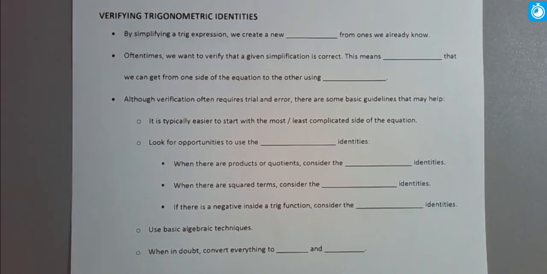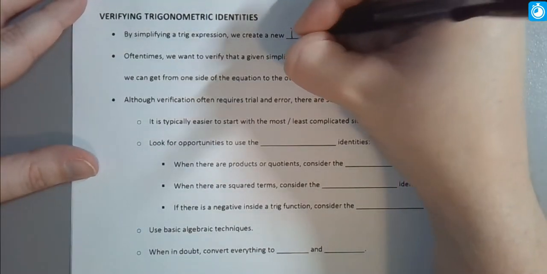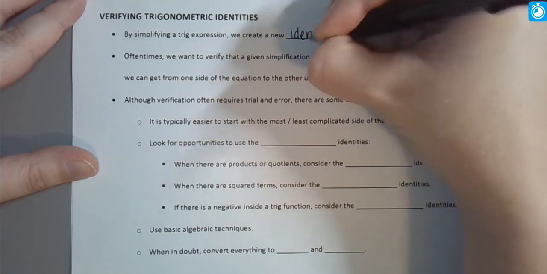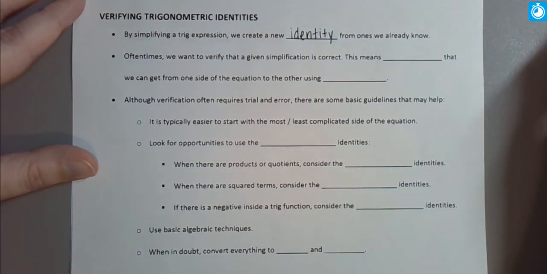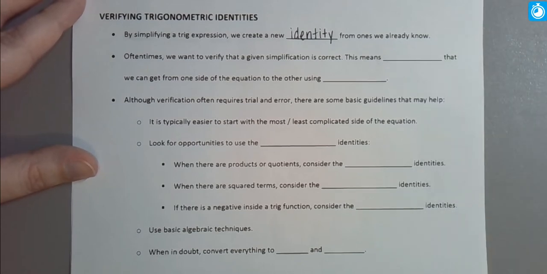So again, by simplifying a trig expression of any type, we create a new identity from the ones we already have, using all of those simplification strategies. So oftentimes we want to verify that some type of simplification is correct. In other words, if we start with something complicated, we want to verify that the simpler version is in fact equivalent to that more complicated version that we started with.